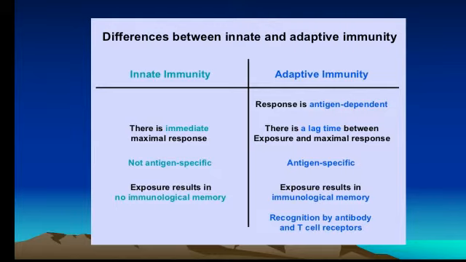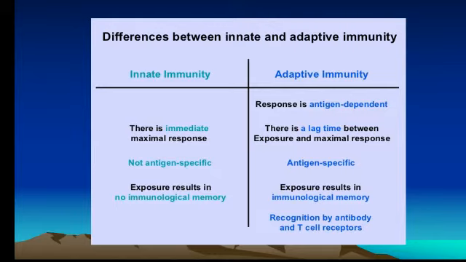These are the most important differences between innate and adaptive immunity. Let's revise them and say the innate immunity specificities. The main differences, there are only three. There is an immediate maximal response.